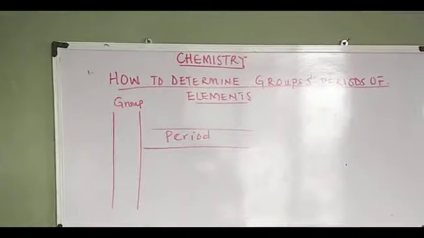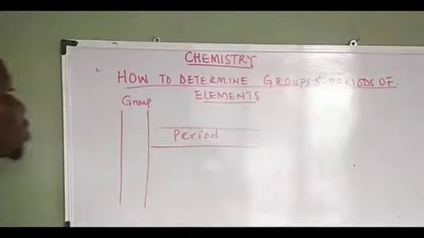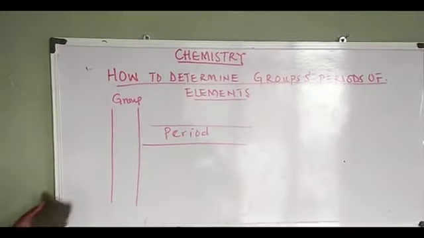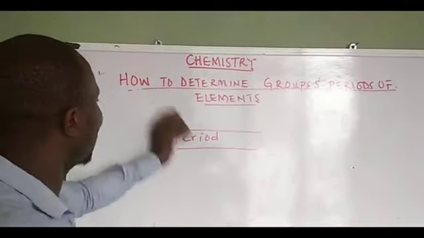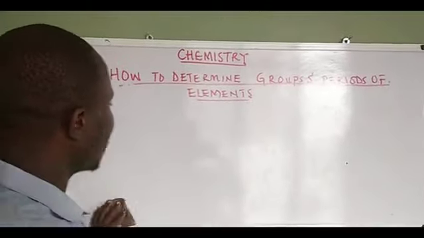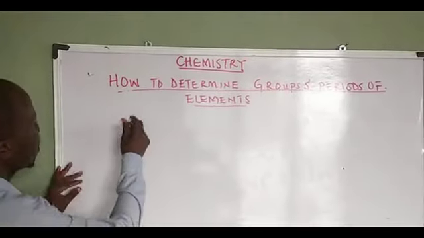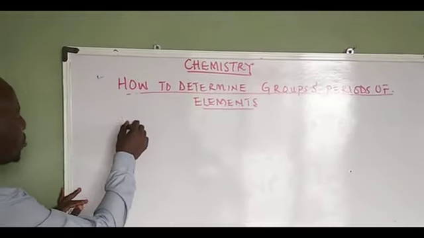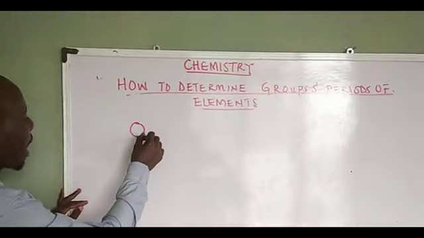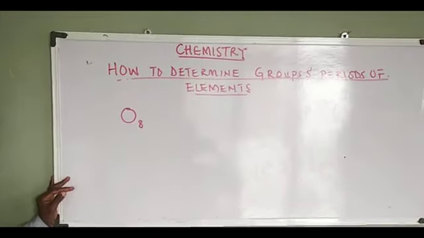Now, to use the knowledge of the periodic table and electronic configuration to determine group and period, we do it like this. It is so simple. Look at oxygen. Oxygen has an atomic number of 8.